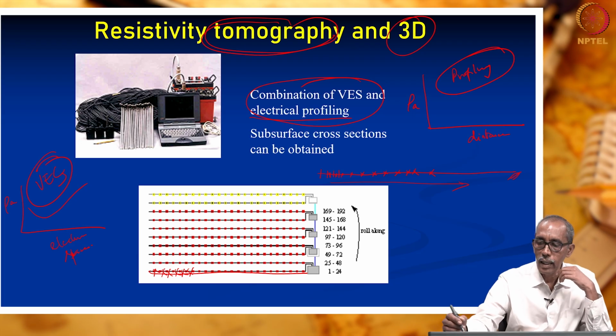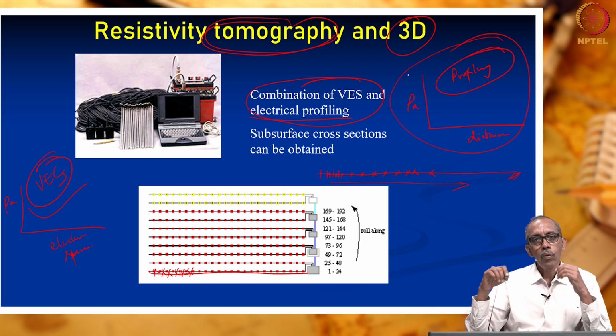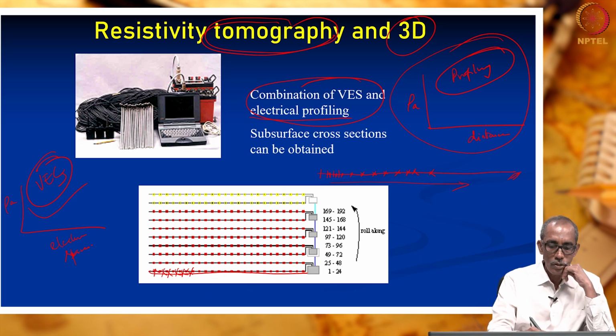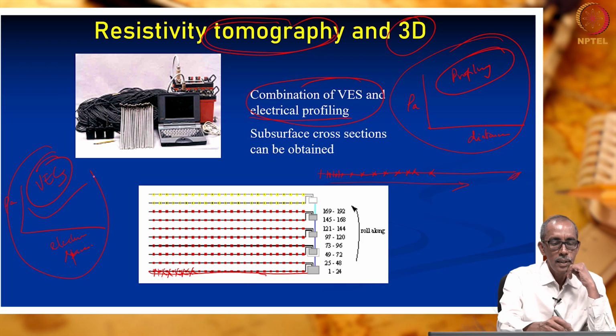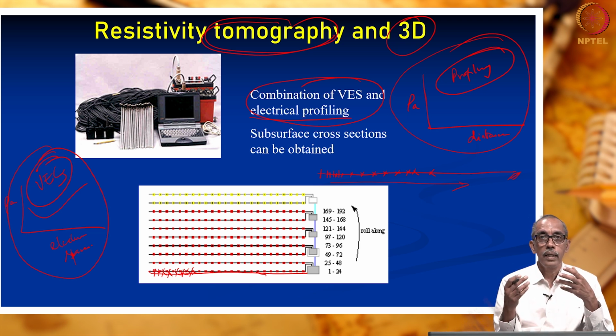So, we got a relationship between distance and rho A. While doing this, we have also completed sounding at a number of points. So, we got this resistivity curve also at different locations. So, both help us to understand the subsurface much more clearly, right.